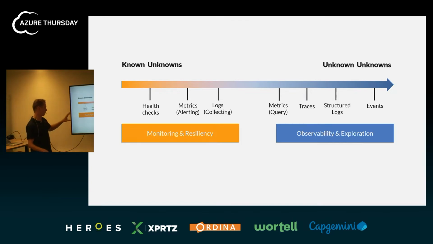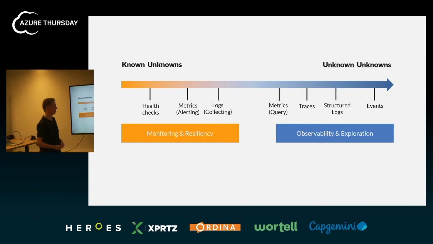So in this world of monitoring and resiliency, we look at the known unknowns. We do health checks. Is the service available? We have metrics, I mentioned before, and we collect logs. But as we move towards the unknown approach, it becomes more and more important that we can see what is going on at the moment in time.